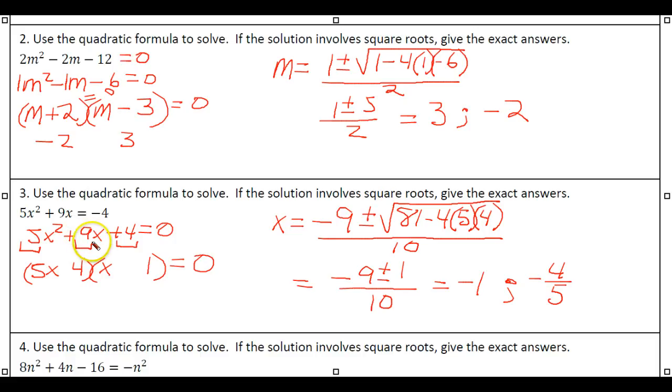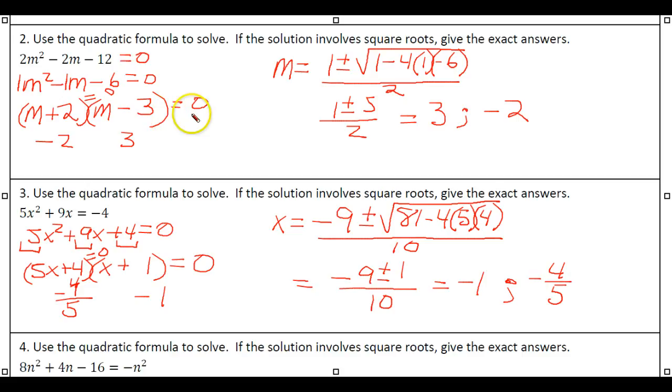Our middle term is positive, so all of these are going to be positive. Equal each of these to 0. Here this becomes a negative 4 over 5, and this one becomes a negative 1, and we get the same answers.